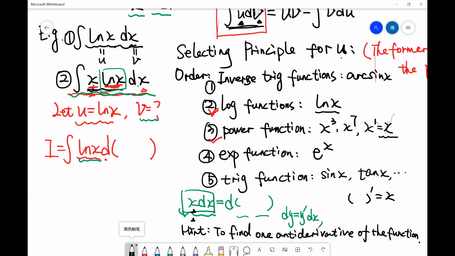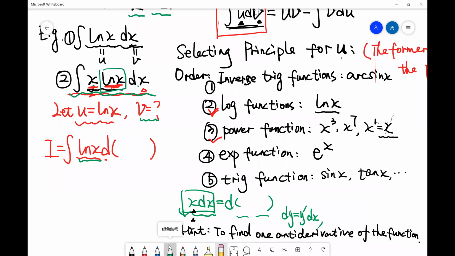That should be, actually we can use the formula. Here the power is 1, right? So that's 1 by 1 plus 1, x power 1 plus 1, right? So that should be 1 by 2 x squared. So here we can use the formula to get what is the function after d.